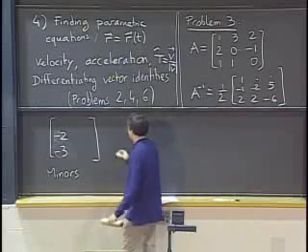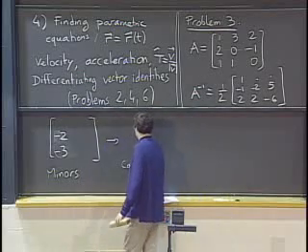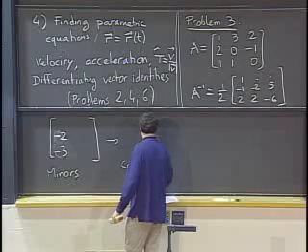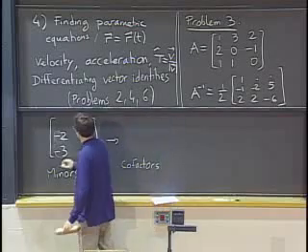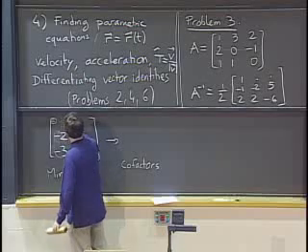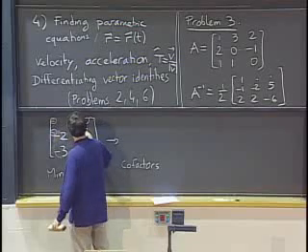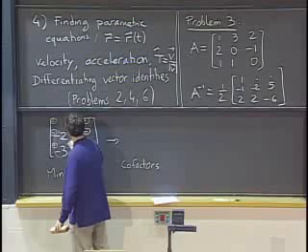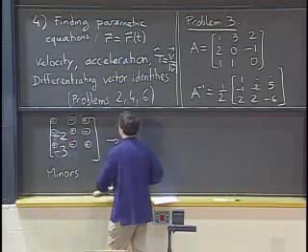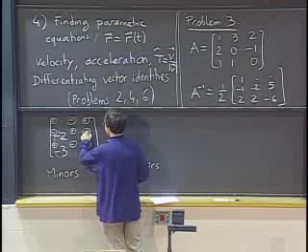Good. Then we need to go to cofactors. That means we need to change signs. Okay? So the rule is we change signs in basically these 4 places.